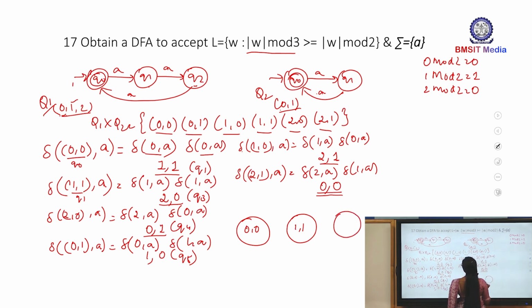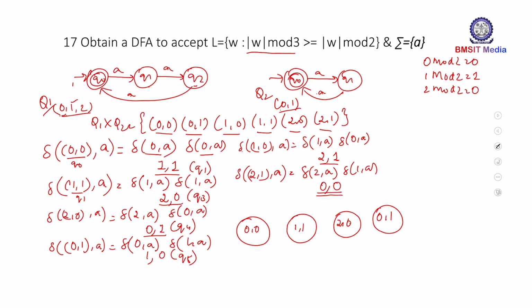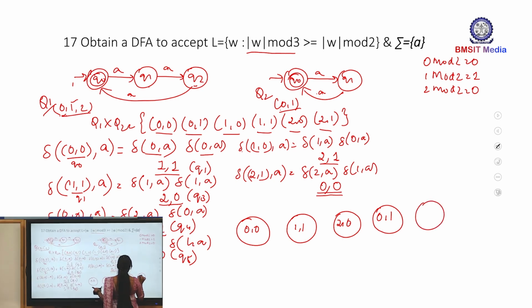The next state that I have here is (2, 0). The next one is (0, 1). And the next state is (1, 0), which is Q5. And then I have the next state as (2, 1). I've covered all the 6 states here.